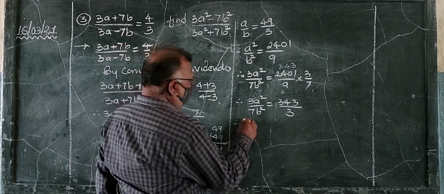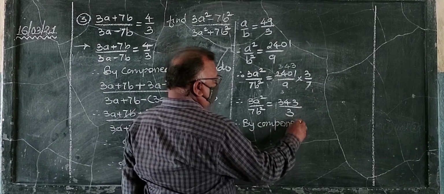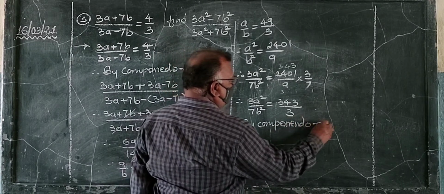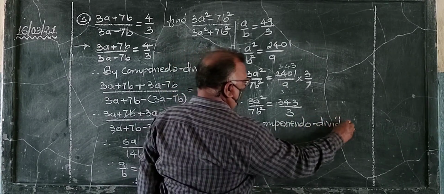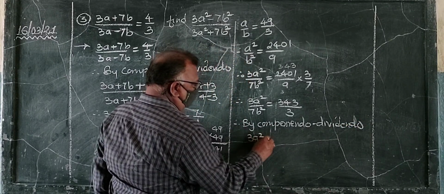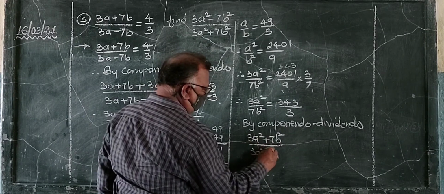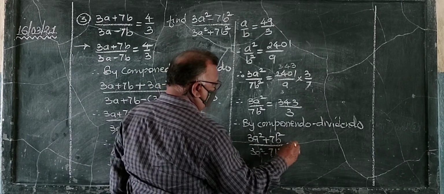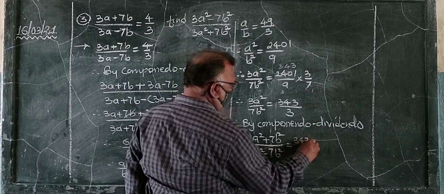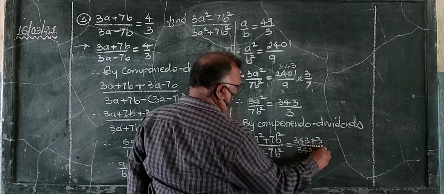Therefore, by componendo dividendo, (3a² + 7b²)/(3a² − 7b²) is equal to (343 + 3)/(343 − 3).